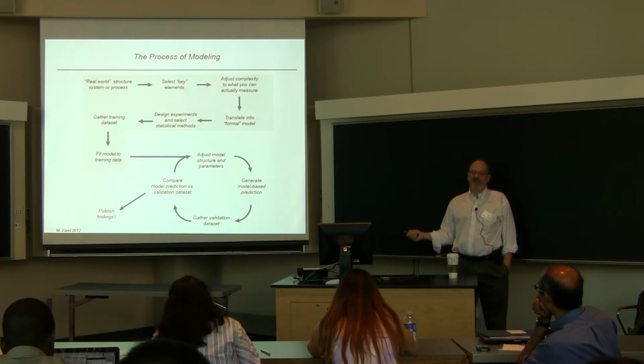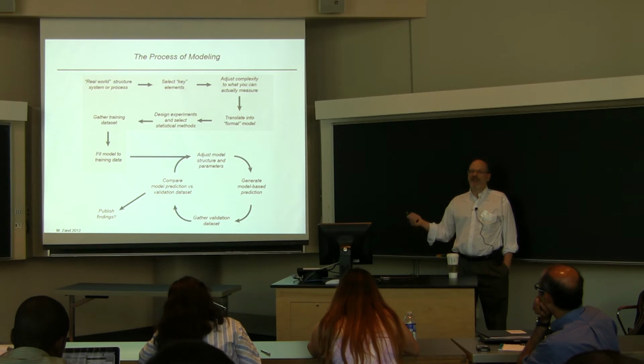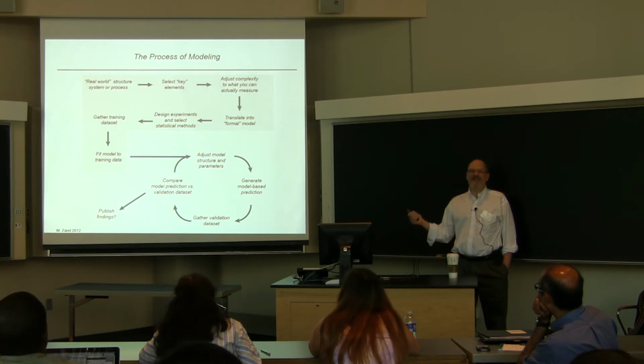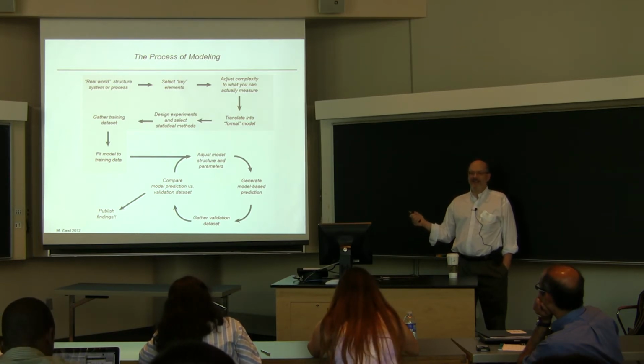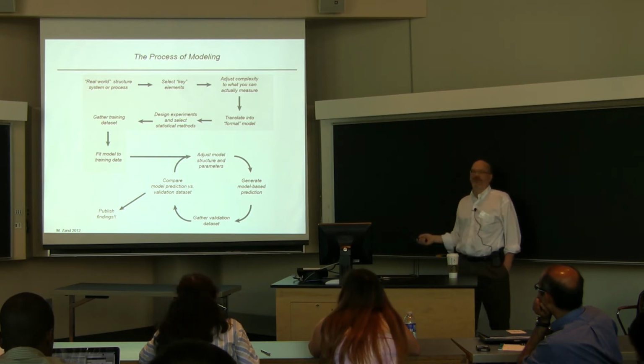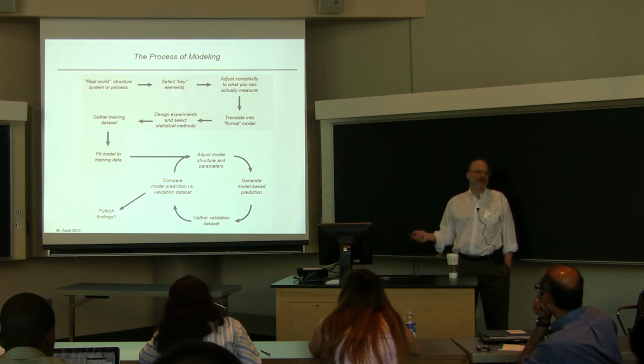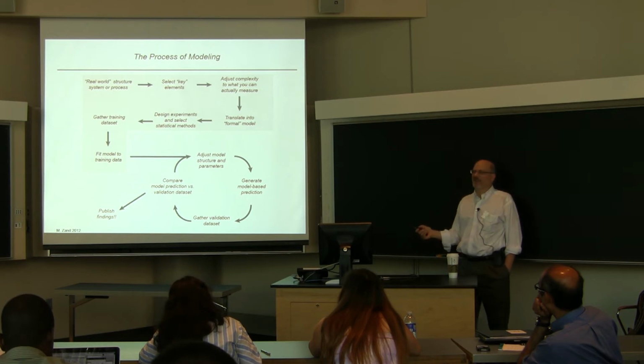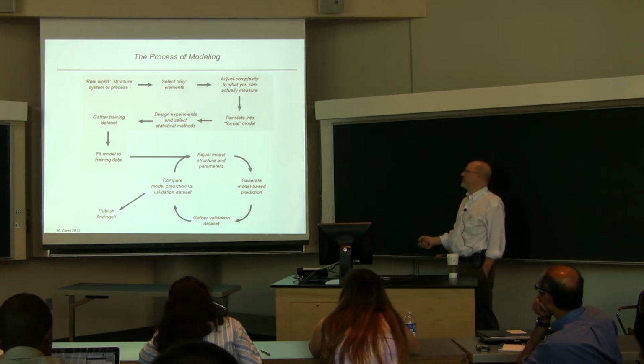You need one set of data that you train your model with, and you need another separate set of data that you validate your model with. Okay, very important concept. Because otherwise, if you just use your training set, you've got a beautiful representation about what you already know. And of course, it's going to confirm your assumptions and your prejudices.